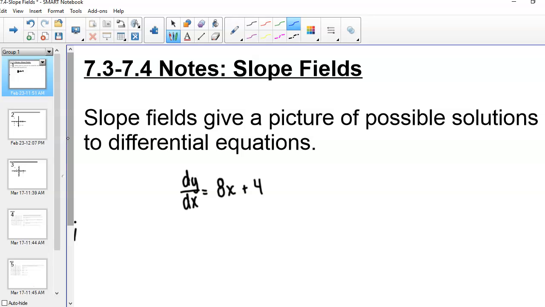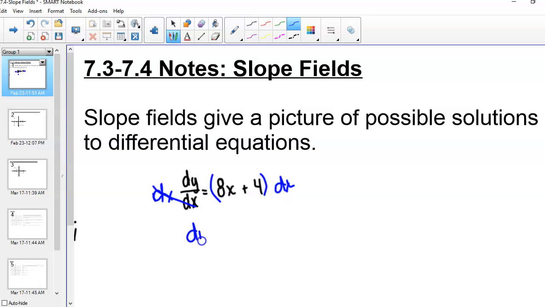So you have had problems like this right here that said solve the differential equation. And to solve this differential equation, what you would do is you would multiply both sides by dx to get that dx out of the bottom here.